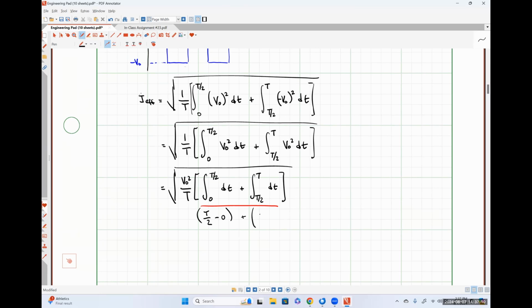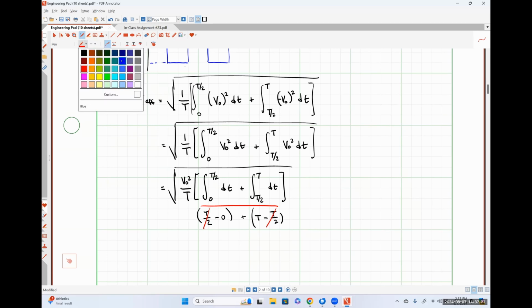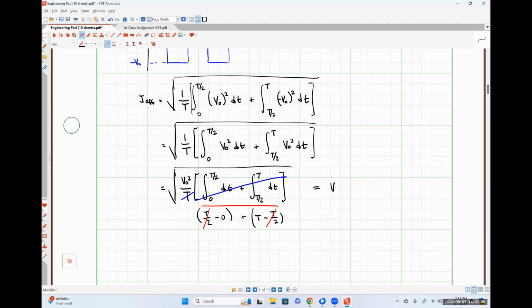So we're going to have capital T minus capital T over 2. So this positive capital T over 2 cancels this negative capital T over 2, and it is literally just capital T. So we have effectively capital T in the numerator and capital T in the denominator, which means our effective value for this thing is literally just V naught.